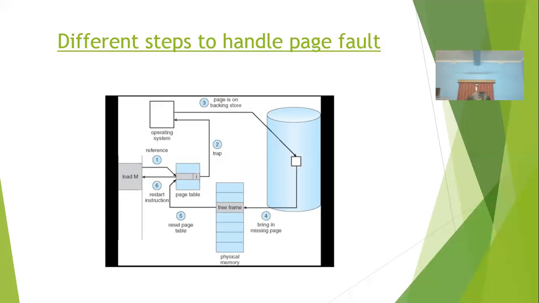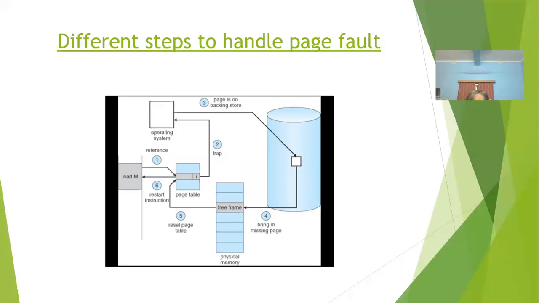And again, the interrupt will be determined, and accordingly the page table entries and other tables will be modified to show that the requested page is now in the main memory.